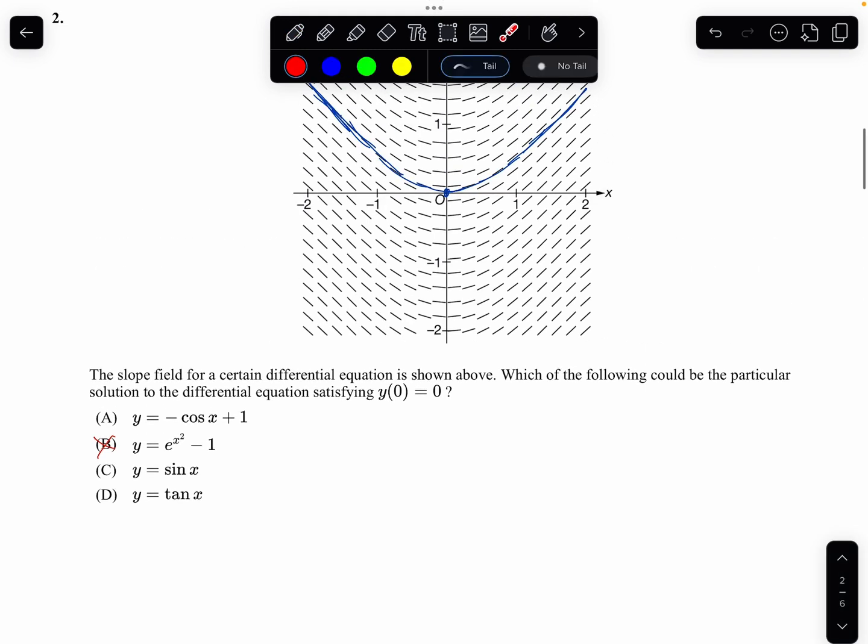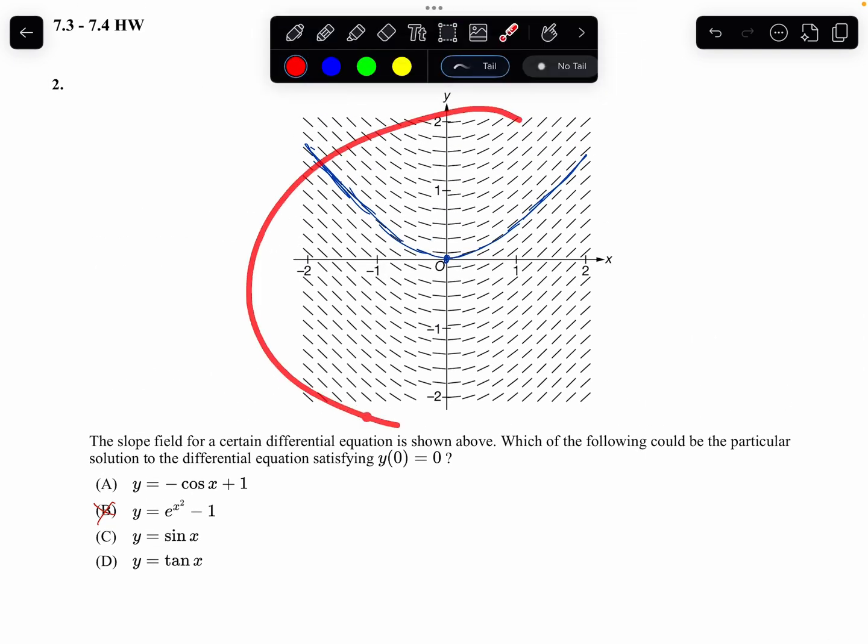Sine of x. So does this right here look like sine of x? Well, sine of x starts at 0, 0, yes, but the slope fields seem wrong because the slope fields would have to follow something like that, which it doesn't. So I'm going to say no to that.